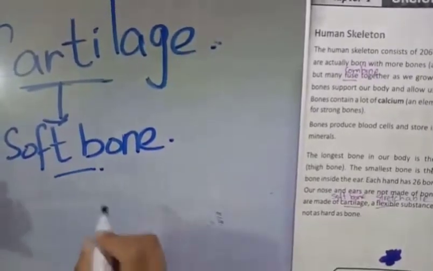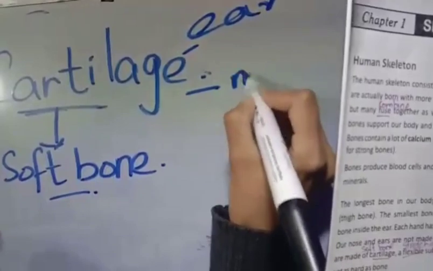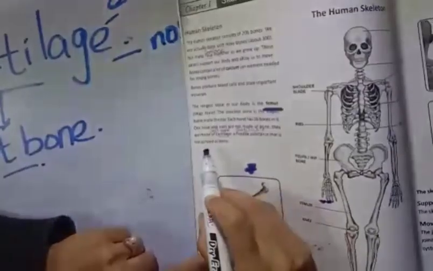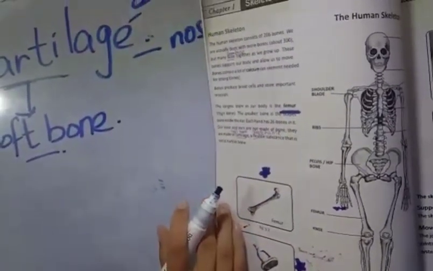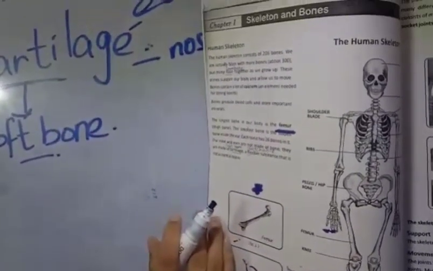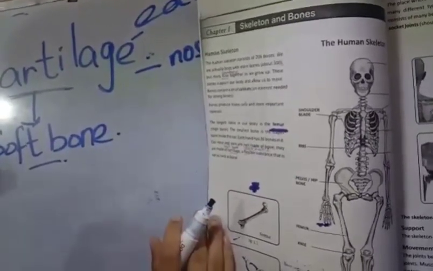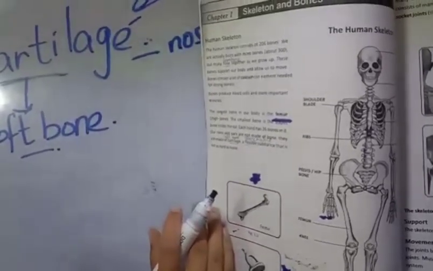Yes, this bone is present in our ear, in our nose, and these are soft bones. You can move them. If you hold your ears and nose and move them, you can see they move easily. How can they move easily?